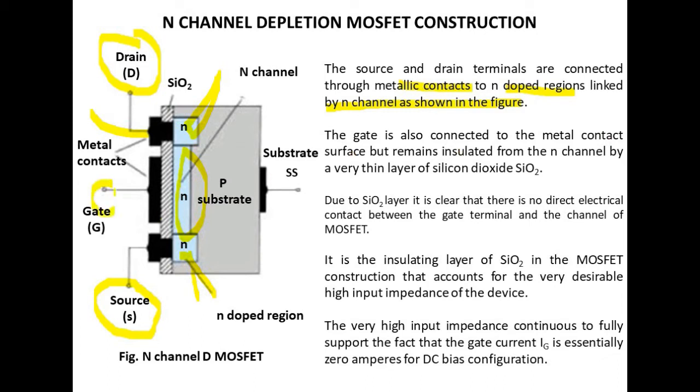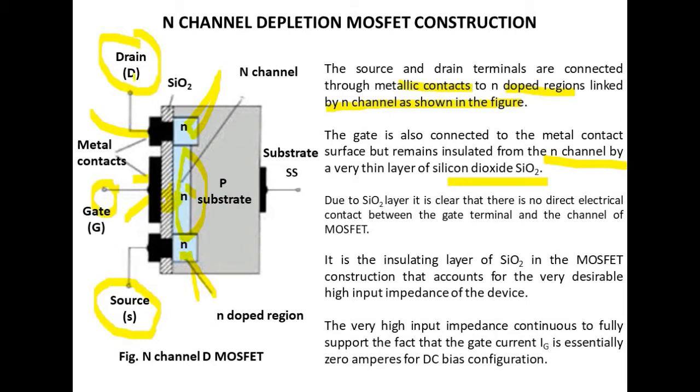Then we see this gate is also connected to the metal contact surface, but this gate remains insulated from the N-channel by a very thin layer of silicon dioxide, that is SiO2. Here we see that gate is connected with this metal surface, but gate and this N-channel are insulated by this silicon dioxide layer.